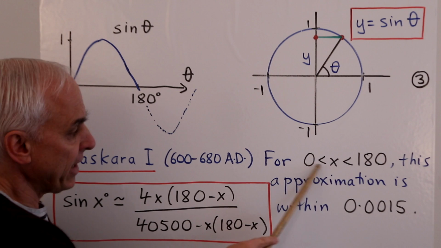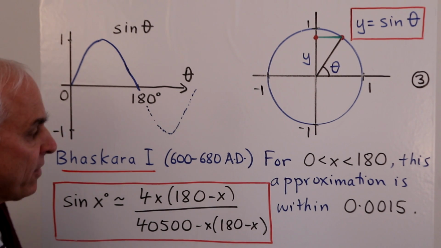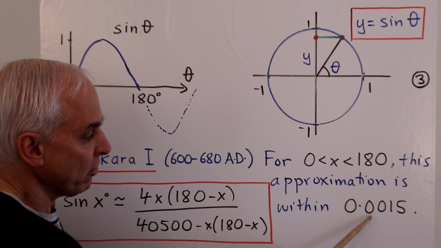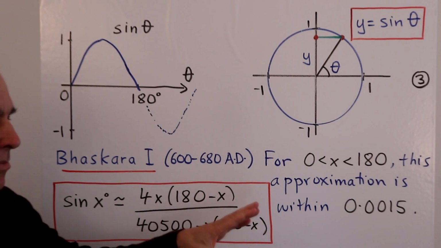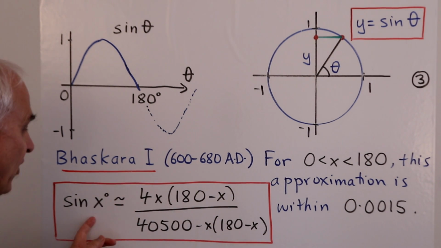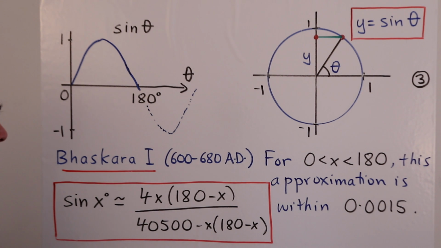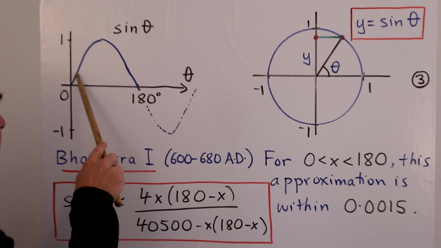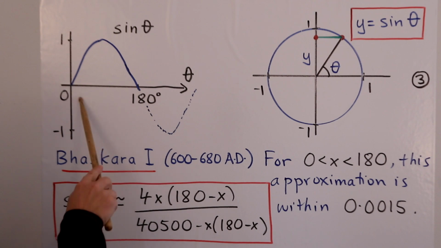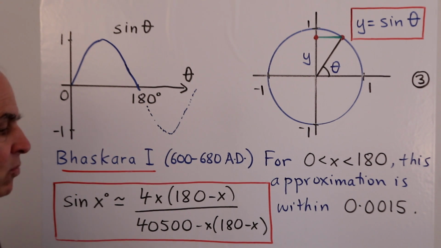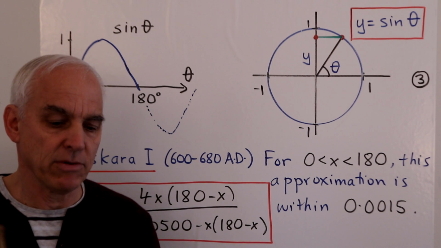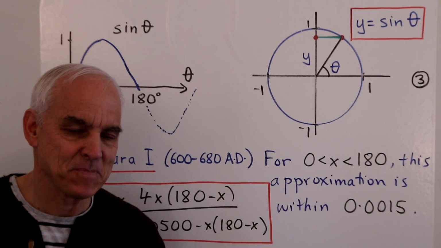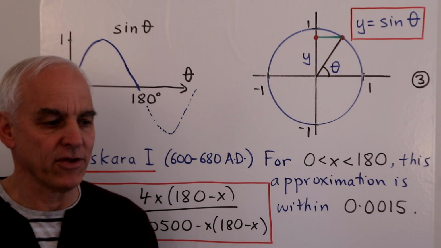In fact, for x in the range 0 to 180, this approximation is within 0.0016 at most. That's the maximum error between the sine and this quantity here. And in terms of a percentage error, then maybe the error is worse around here. It's about 1 or 2% error at worst. So it's a remarkably accurate formula for the sine.